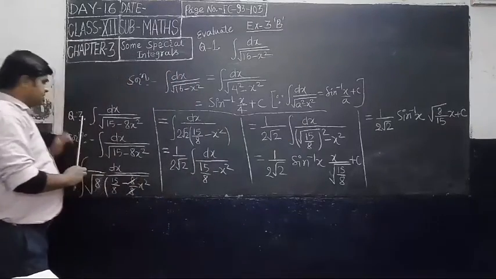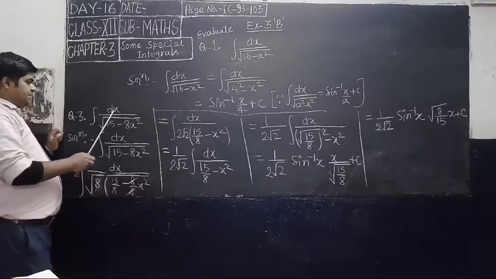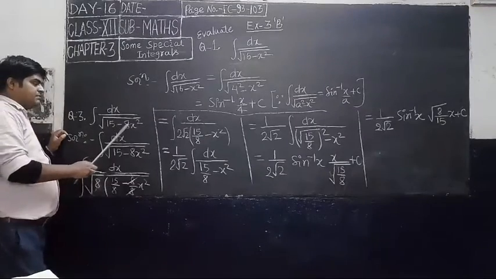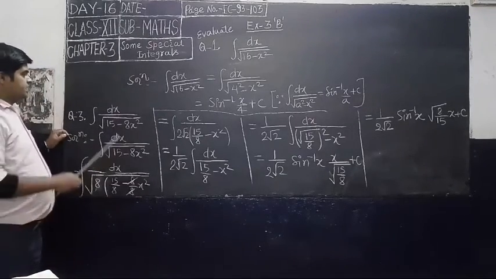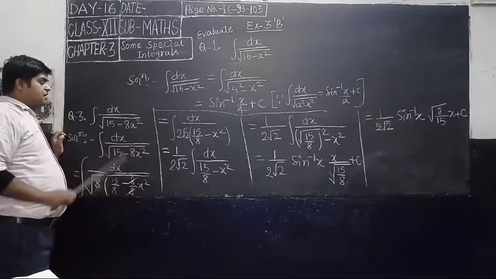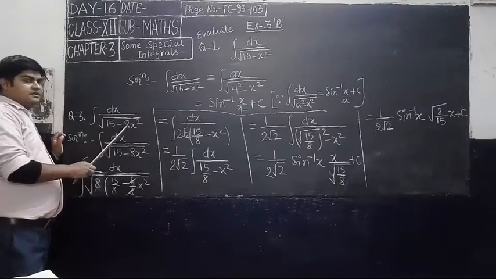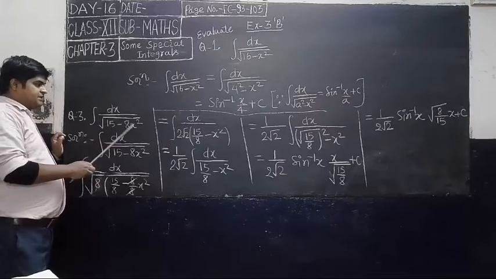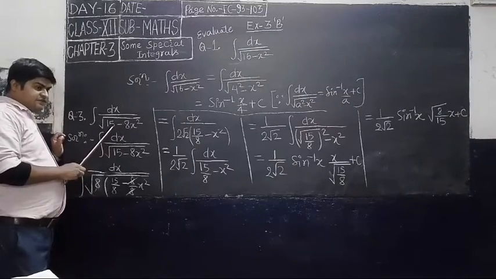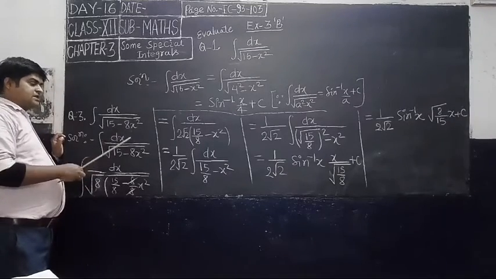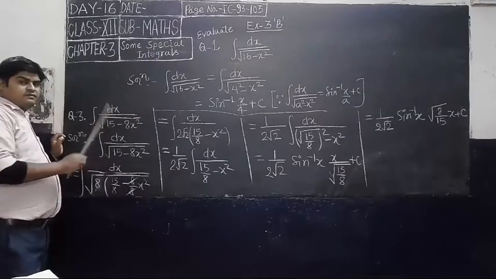Now see question number 3. You have to find integration of dx by under root 15 minus 8x square. Students, I have told you that first of all you will arrange the form a square minus x square, or x square minus a square, or x square plus a square. So let us see how to arrange them.